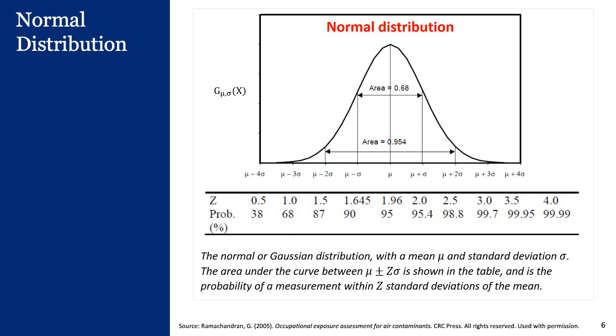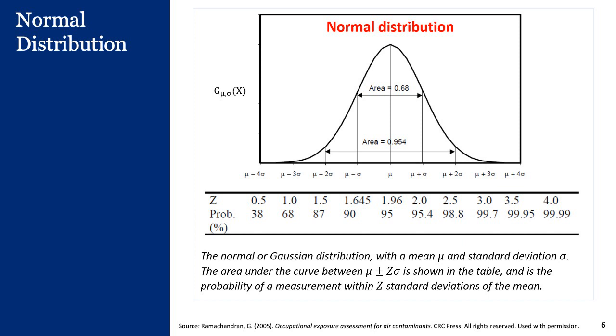So 50% of the distribution is less than mu, 50% is greater than mu. And mu is also the mode, meaning the most frequently observed value. And this is one of the key features of a normal distribution, that the mean, the median, and the mode are the same quantity, mu.